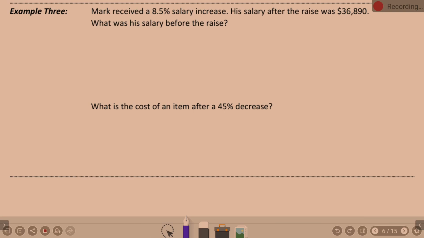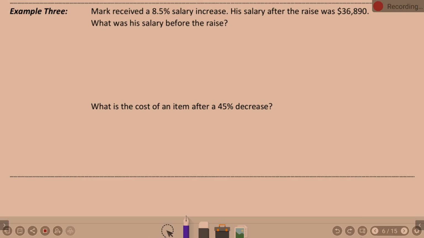You just multiply 36,890 by 0.915. Where are you getting the 0.915? Take 8.5% away from 100, that's 91.5%.